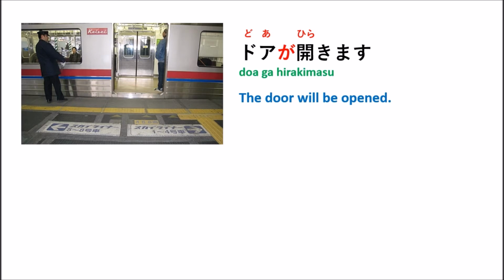So in a case like this, we can use ga. To say the door will be open, I can say in Japanese ドアが開きます, which means the door will be open. That means nobody acts, but it opens automatically.